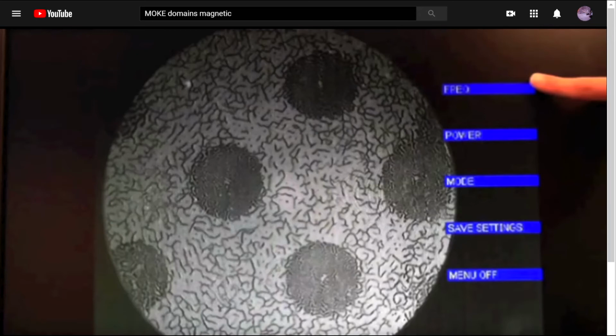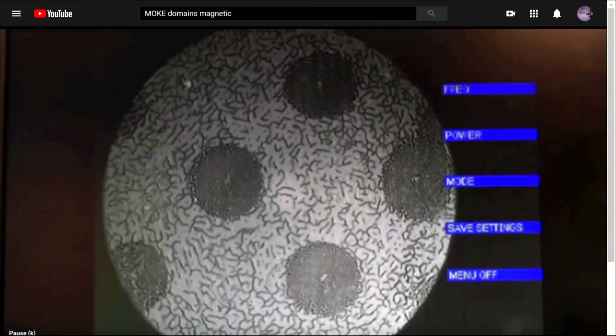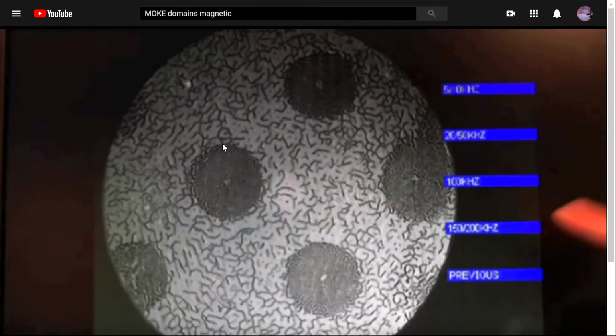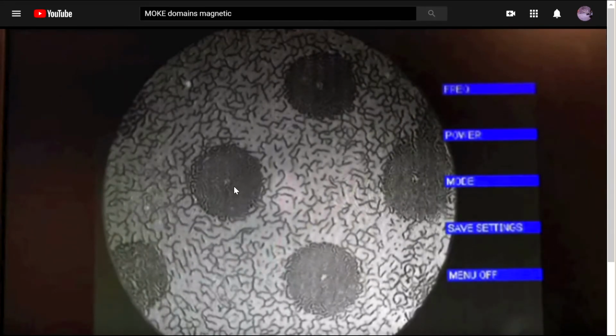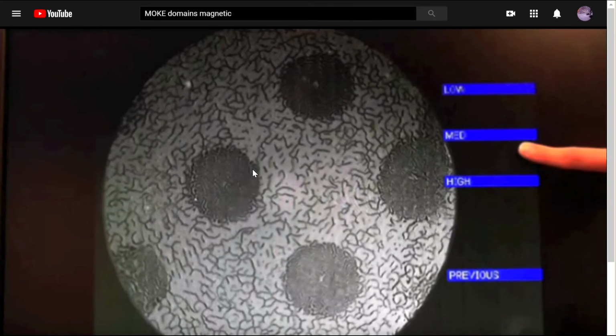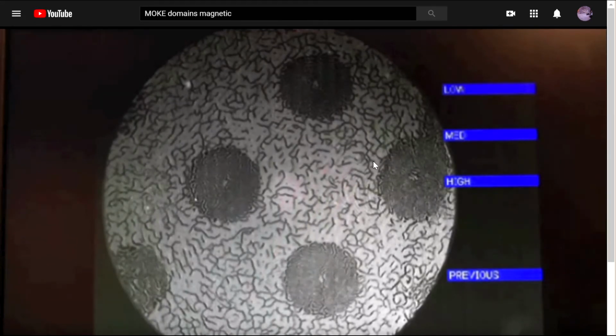So currently I don't have access to my computer, but I'll show you my experiment in a separate video. But if we play this video, then you will see that the magnetic field is getting changed, and as the magnetic field is changed, these domains change their shape. You can see they're alive.